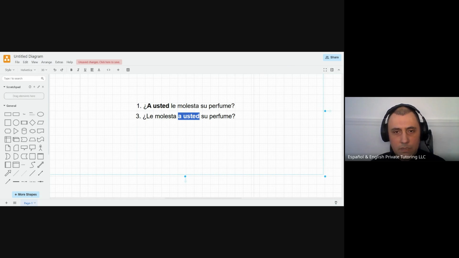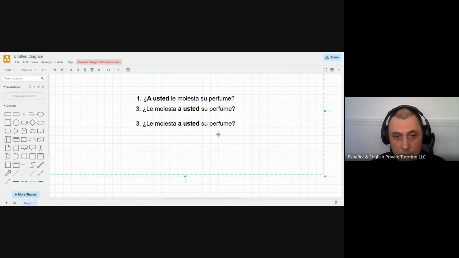So the indirect object can go after the main verb, after any verb, after any noun, or at the end of the sentence. And I'm going to give you a lot of details about this, but I'm just going to give you an example with the same sentence. ¿Le molesta su perfume a usted?